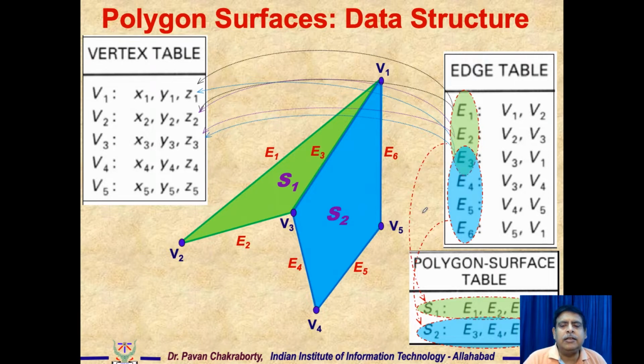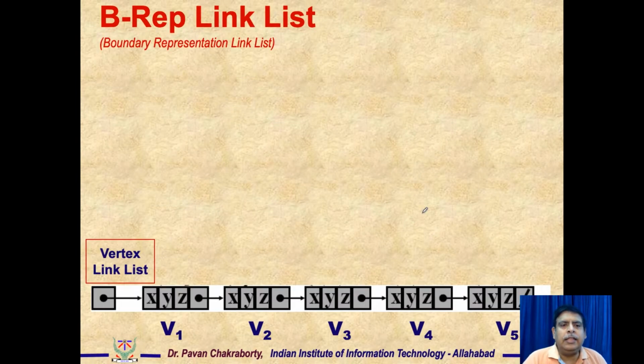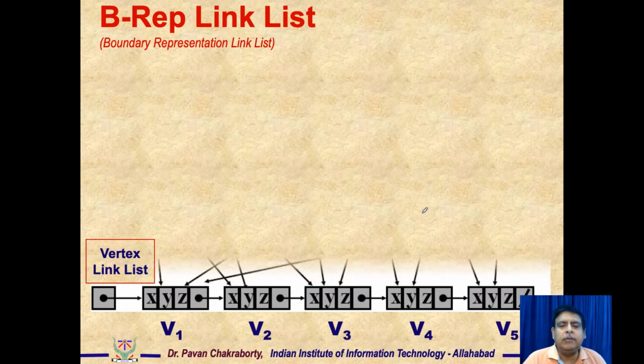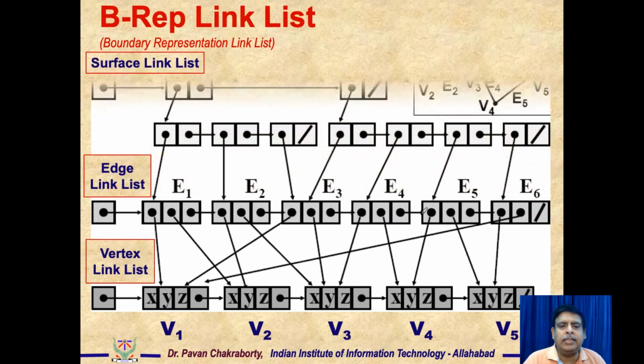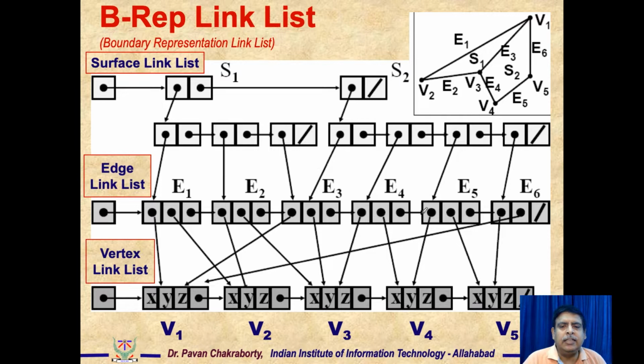The ensemble of edges would link to surfaces, and multiple surfaces would link to objects. In this, we had developed a B representation linked list which represented the structure, the hierarchy of the structure, starting with the vertices, going to the edges, from the edges to the surface, and selecting multiple surfaces as part of the system.